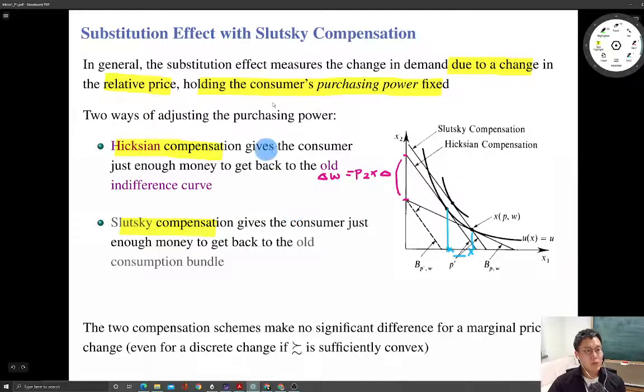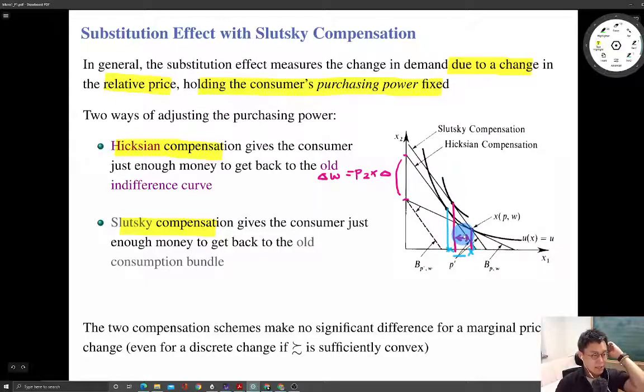We maintain the consumer's purchasing power this way in the case of Slutsky compensation. In this case, the consumer will choose a different point rather than the previous one, and the substitution effect on demand for good 1 due to the change in the relative price is given by this difference.